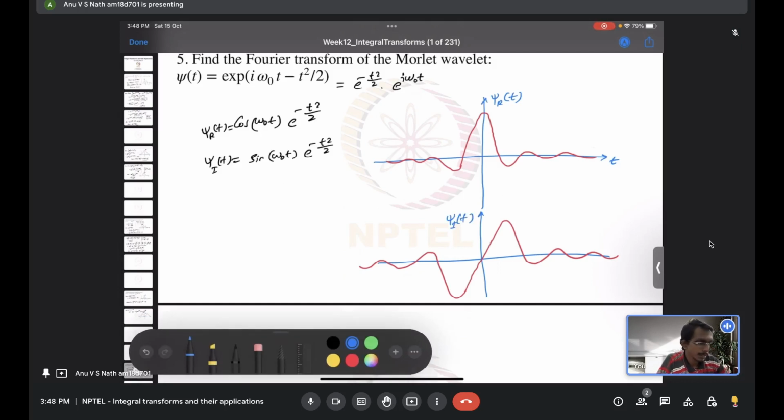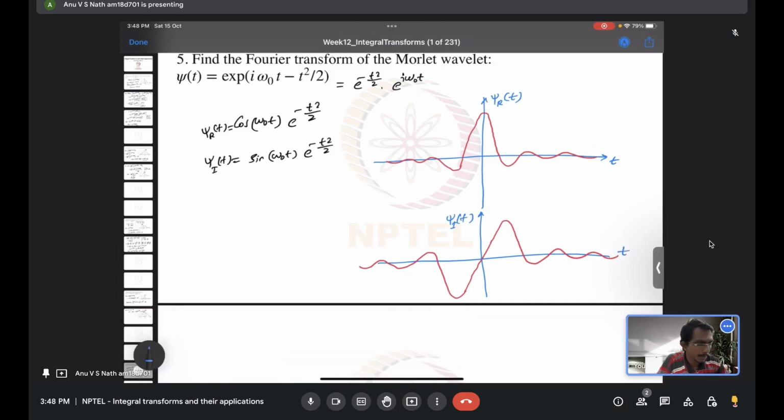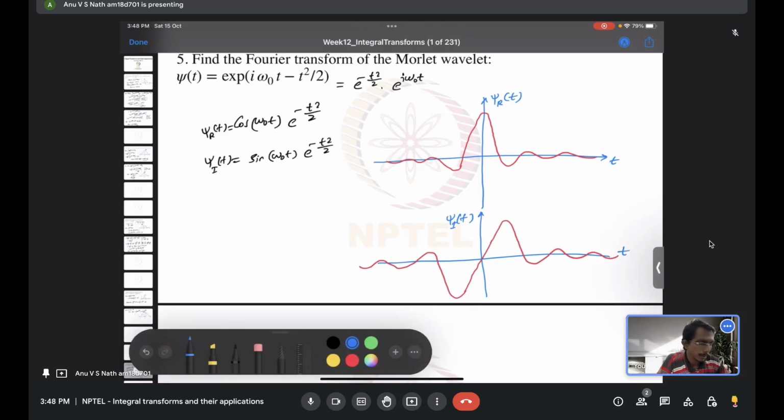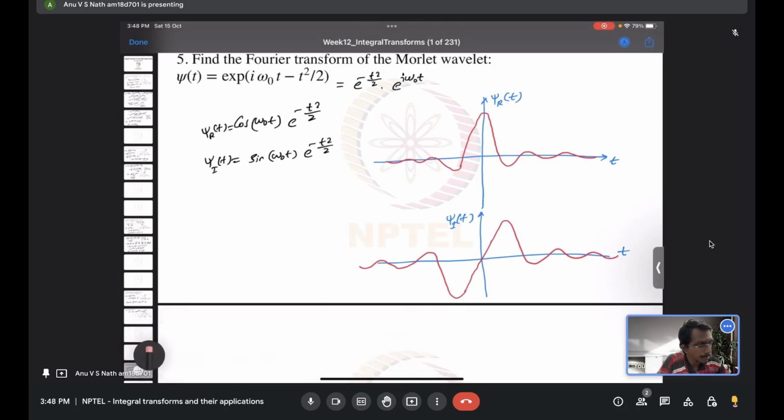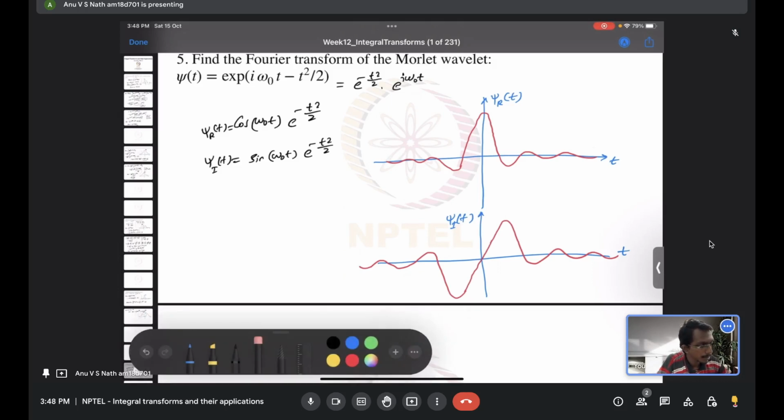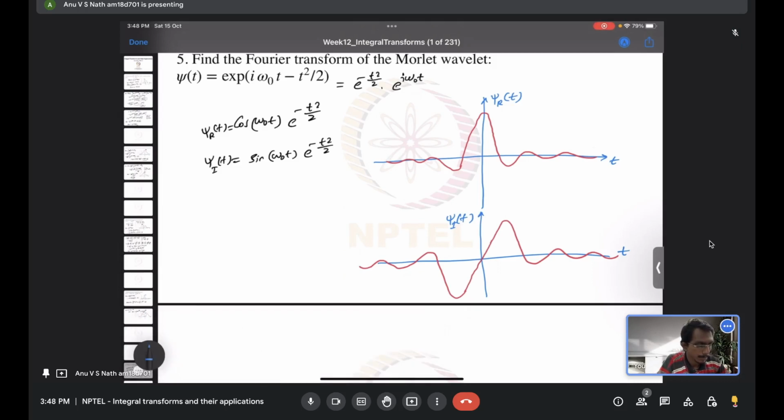Now we have plotted this in 2D space, that's why it's looking like this, but I can combine this in a 3D plot. Actually it should look like a spiral, a spiral with decaying amplitude. Let me try to plot this.